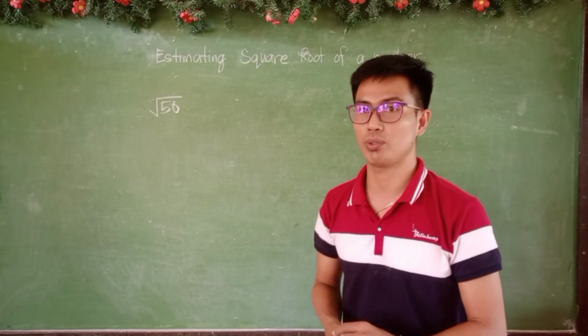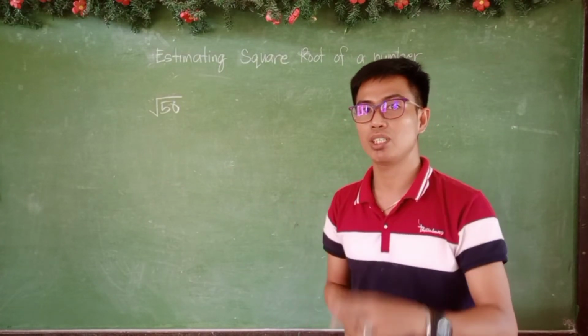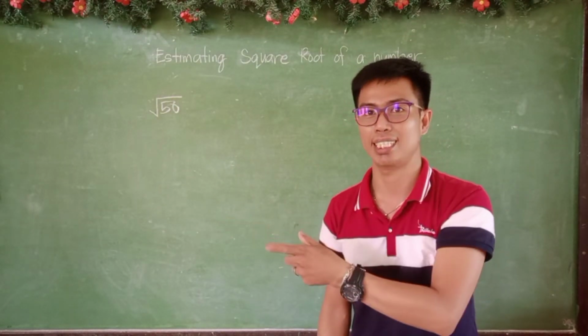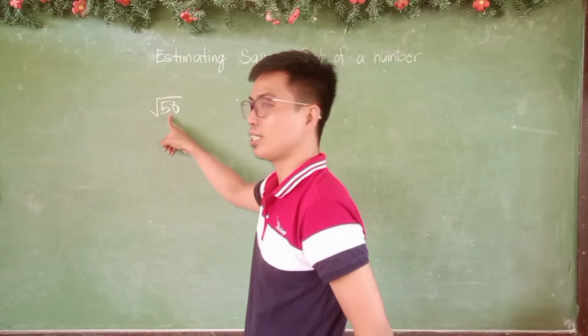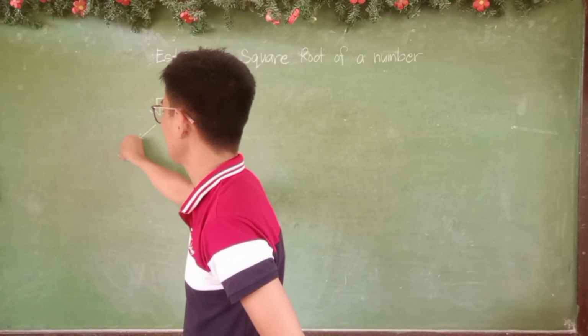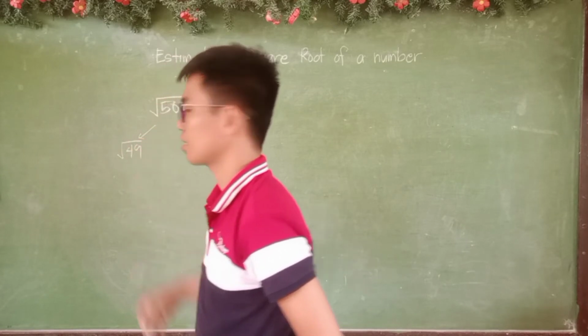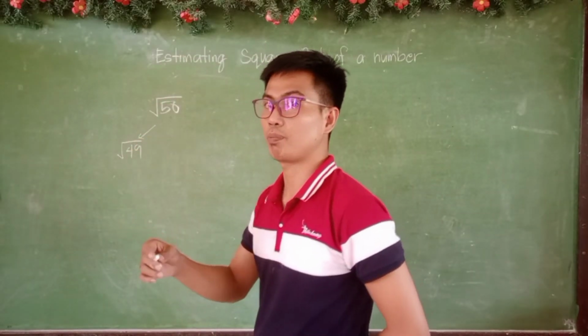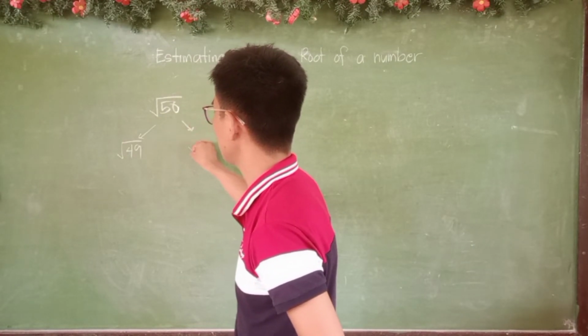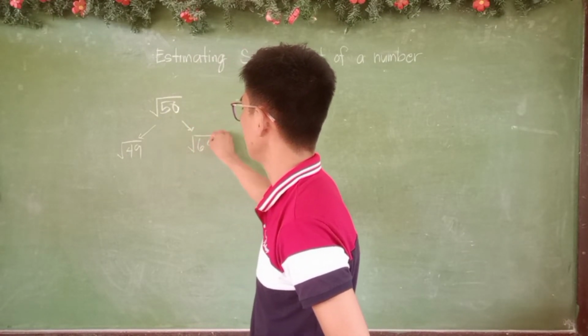So the first thing you will do is to determine two perfect square numbers na mas mababa at mas mataas sa kanya. Since 50 yung given, the perfect square number na malapit sa kanya is 49. Yun yung pinakamababang perfect square na malapit sa kanya. And yung mataas naman is 64.